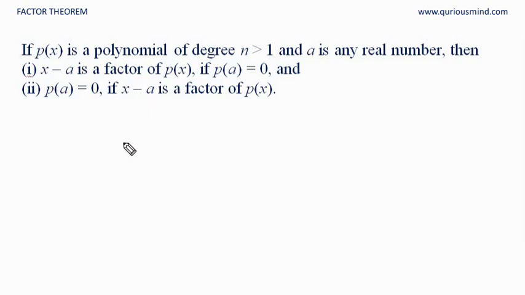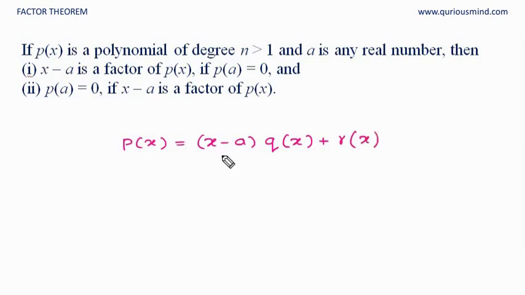So we know we can write division in this format. P(x) is our dividend and x minus a is our divisor. Divisor into quotient. The quotient is going to be another polynomial in x, and there will be a remainder, which is another polynomial in x.